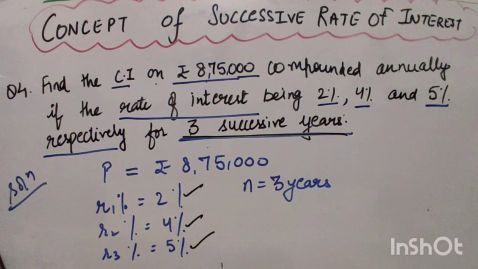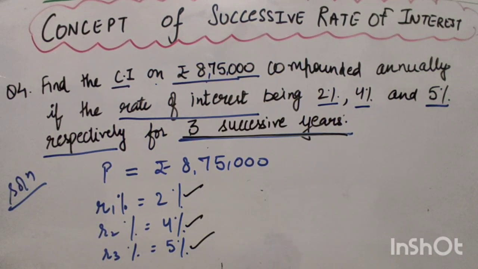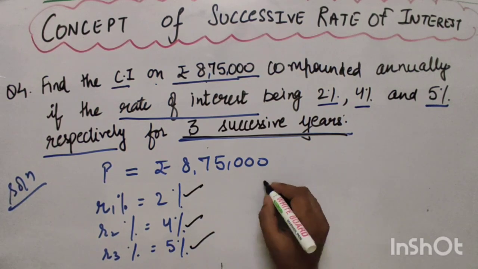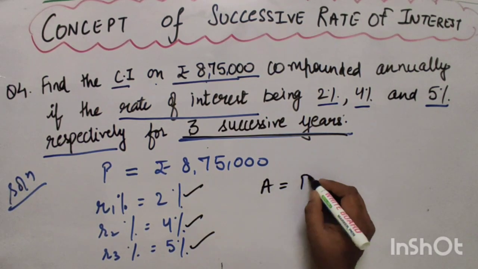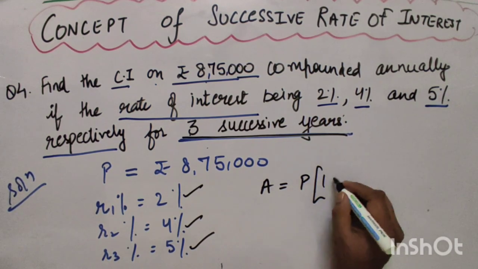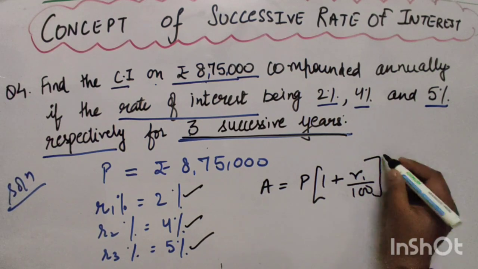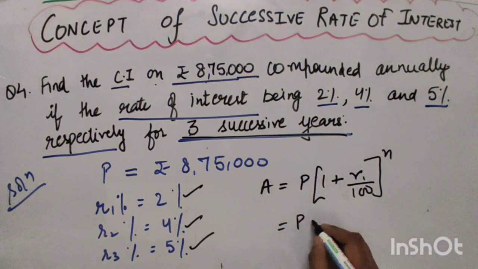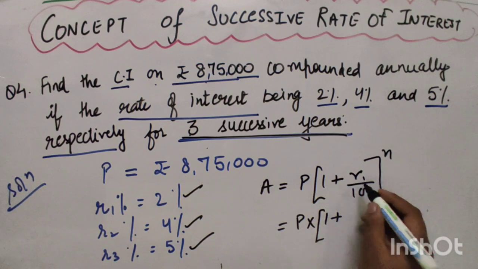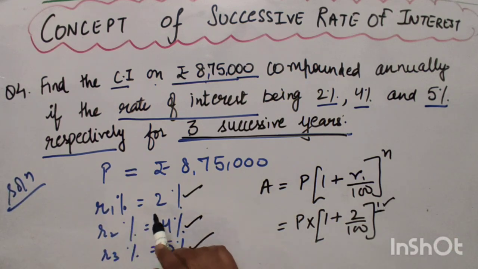If I write it for every year, for the first year it would become P into 1 plus R1 upon 100 raised to the power n. So in this case P multiplied by 1 plus R1, which is 2%, raised to the power time period, which will be 1 year, because for each year we have a different rate of interest.